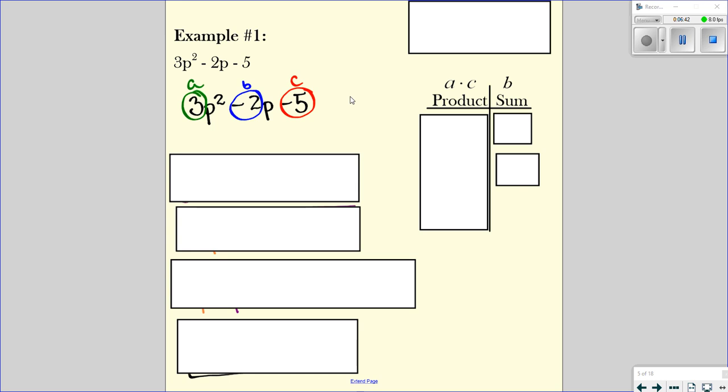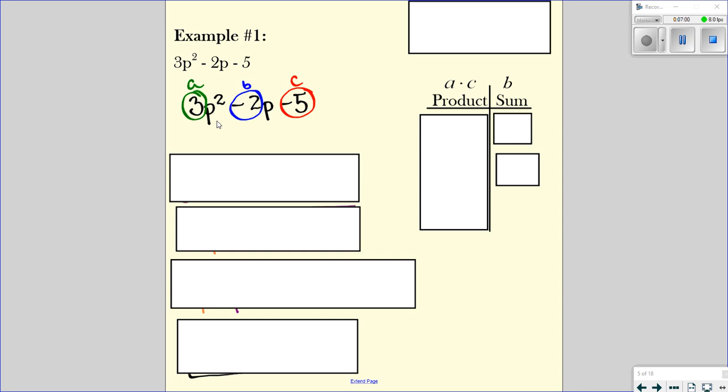So A, B, C, again, it's in standard form. Well, the very, very first step is GCF. Is there any GCF that you can pull out? No. So we don't need to worry about that. Is it in standard form? Yes, because the degree is coming from 2 and going to 0.